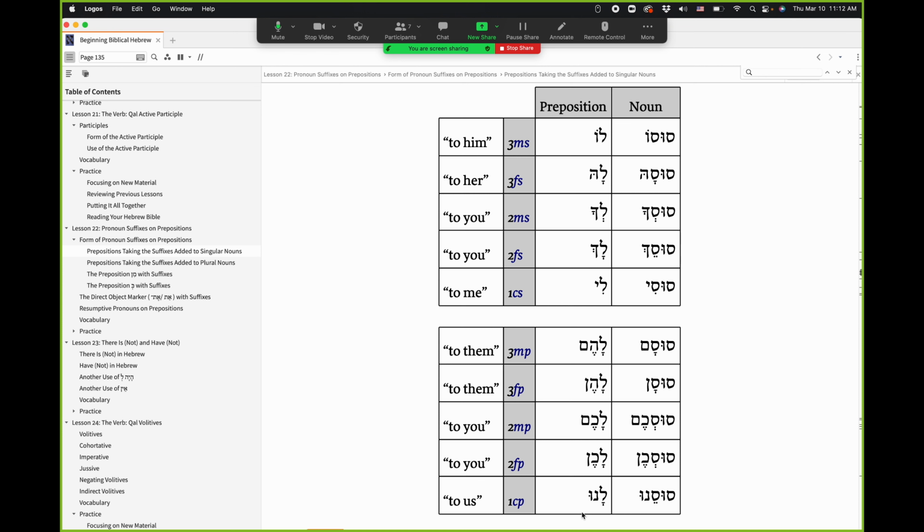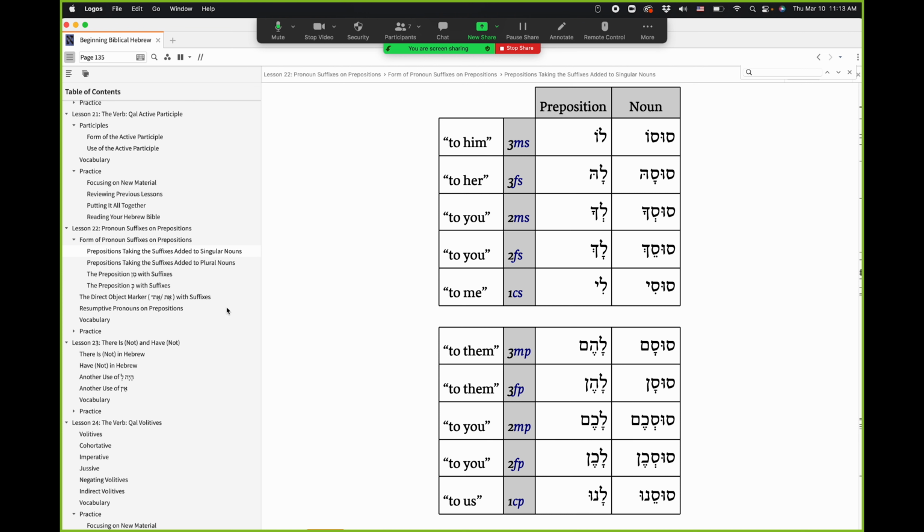I think of them as type 1 suffixes, which a singular noun will take, and some prepositions as well, and type 2 suffixes, which plural nouns take, and some prepositions as well. But whether the noun is singular or plural has no effect whatsoever on whether the suffix itself is singular or plural. Those are independent of each other.